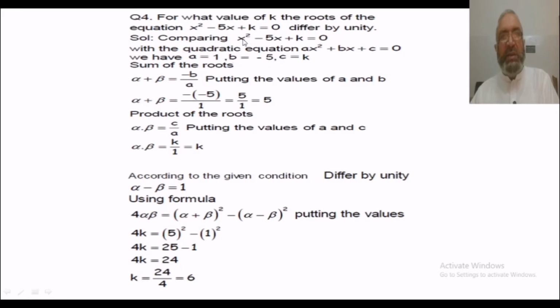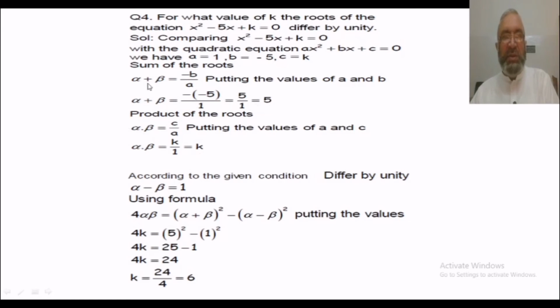So first of all, to find the sum of the roots and product of the roots, comparing the given quadratic equation with the standard form, we get a is equal to 1, b is minus 5, c is equal to k. Now sum of the roots alpha plus beta is minus b by a, putting the values we get 5, and product of the roots alpha beta is c by a, which is k.